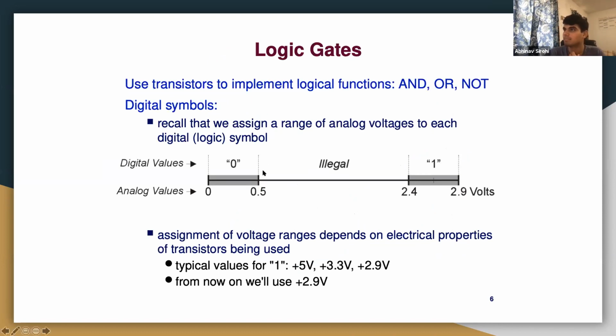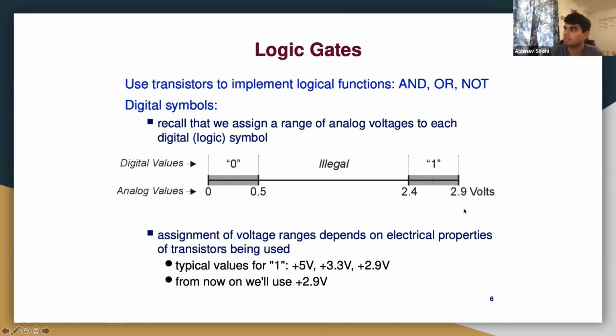But basically, if we think of it as digital values, we could either have a 0 or a 1, right? But in terms of circuits, it's how much voltage it is. So it's either going to be low voltage or high voltage. For our 0, we could have a voltage between 0 and 0.5, which is considered a low voltage.